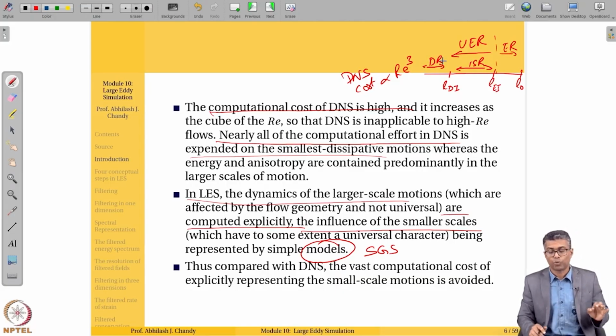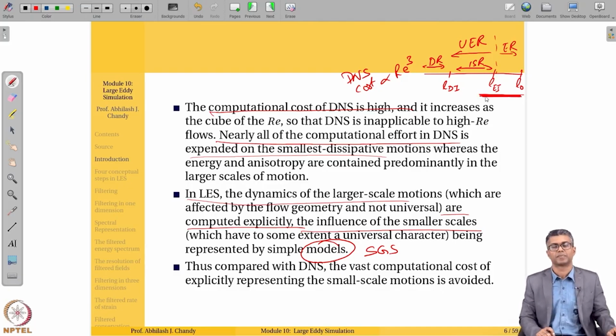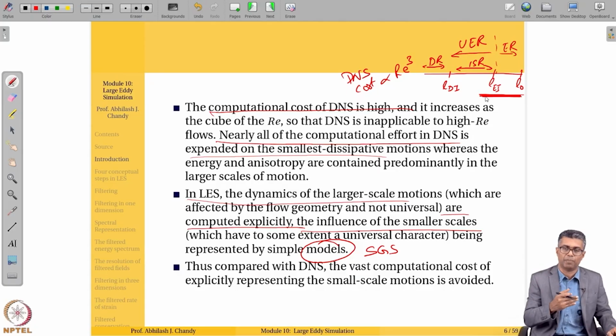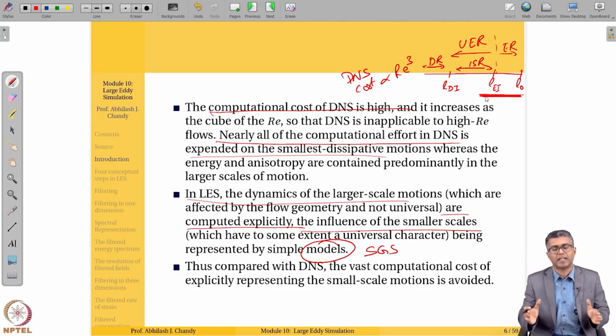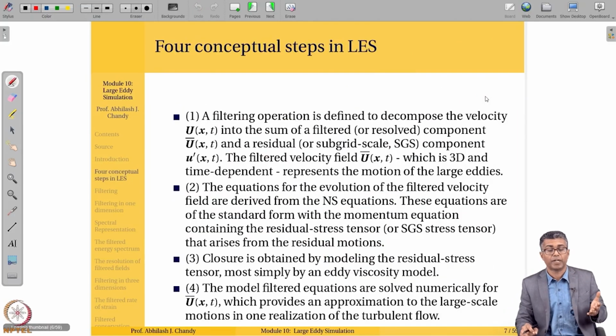The length scales resolved in LES are all in this range, somewhere slightly below LEI, and I'll describe why it has to be slightly below. But technically, you just have to resolve all the way till LEI. So you're avoiding resolving all the length scales, and the large cost associated with DNS.